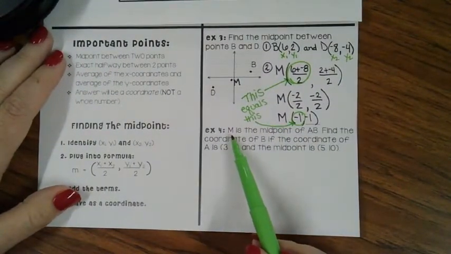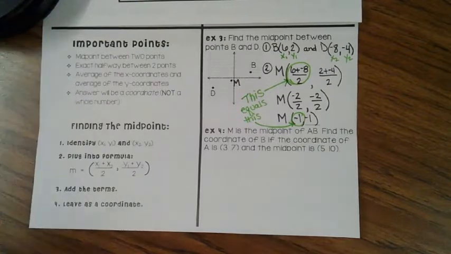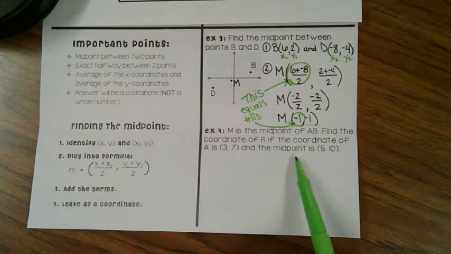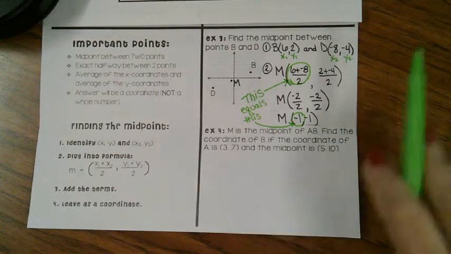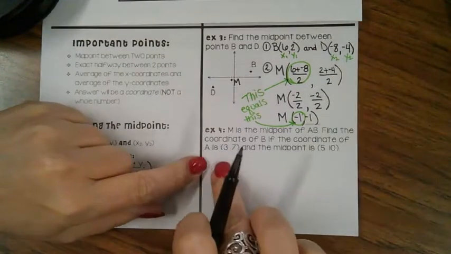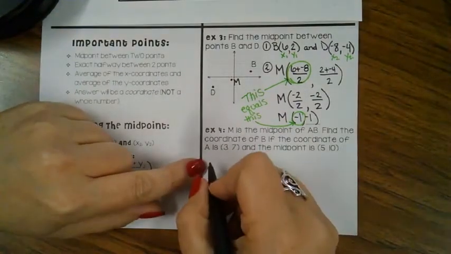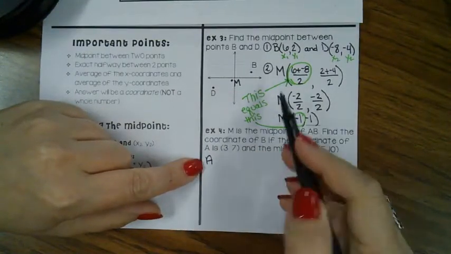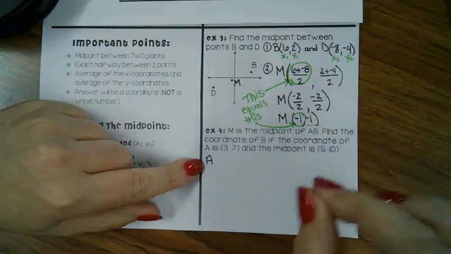So this one tells us that M is the midpoint of AB. We want to find the coordinate of B if the coordinate of A is 3, 7, and the midpoint is 5, 10. So I'm going to write out all the points that I have. A and B are the 2 points that I'm looking to get into the middle of.